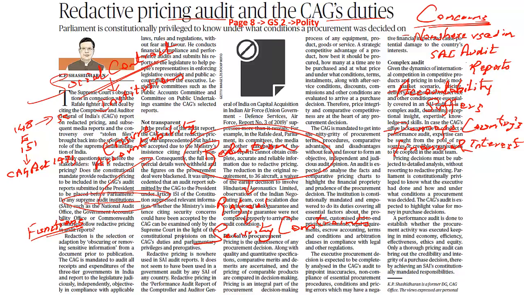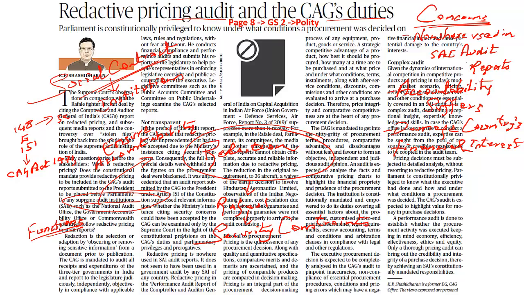So what this article ultimately says is that there are certain schemes and programs which can get complex. The CAG may not be able to understand certain reports as well as the complexity. In such a position, if it lacks the expertise to conduct a particular performance audit, expertise can be sought from multiple credible organizations to form an auditing team to look into that particular program as well as scheme.